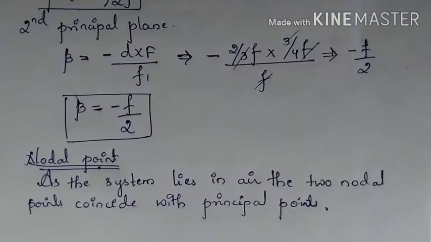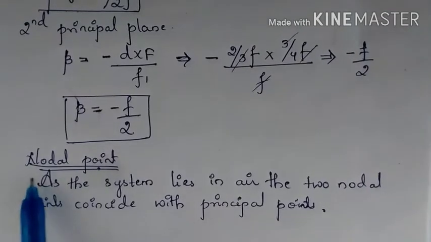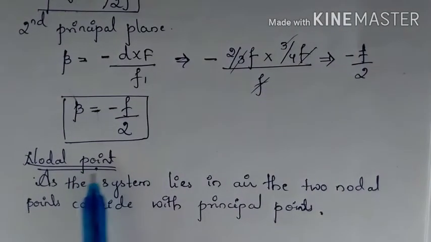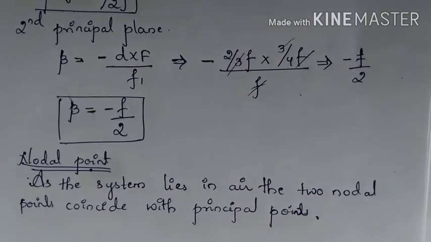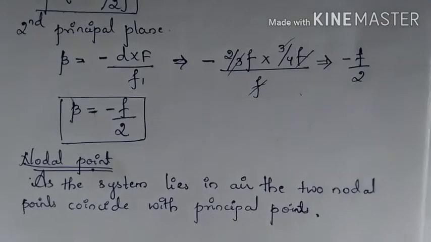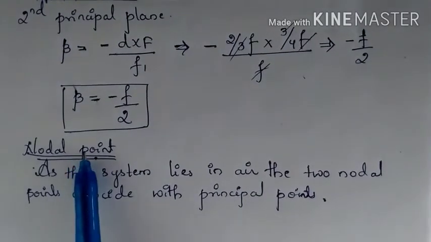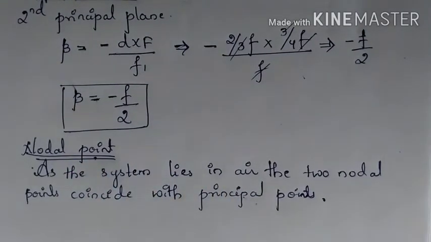So this is the nodal point. So what is happening in the nodal point? The whole system, the image system and the object system, both are lying in the same medium. So nodal points will coincide with the principal points.